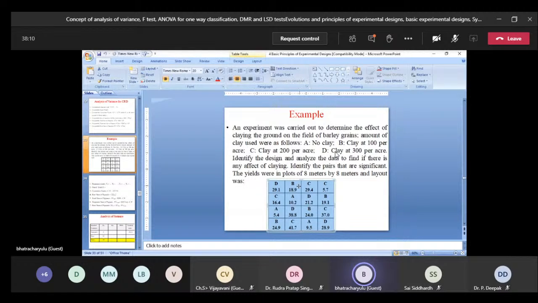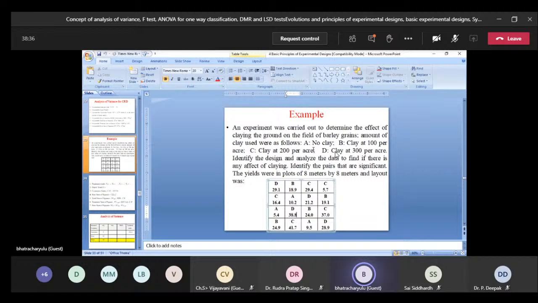How to enter this data and carry out the analysis, I will explain using the SPSS software. Here we have 4 treatments: A, B, C, D, which I am indicating with 1, 2, 3, 4.